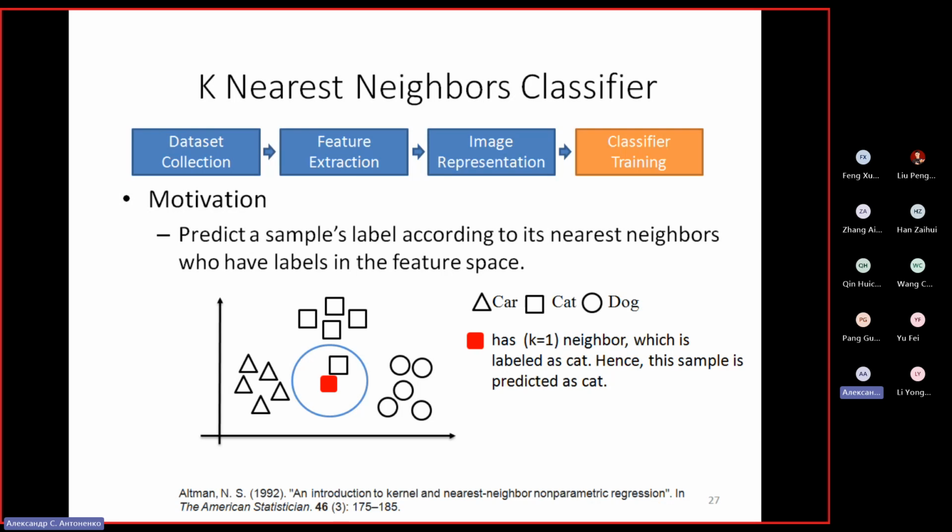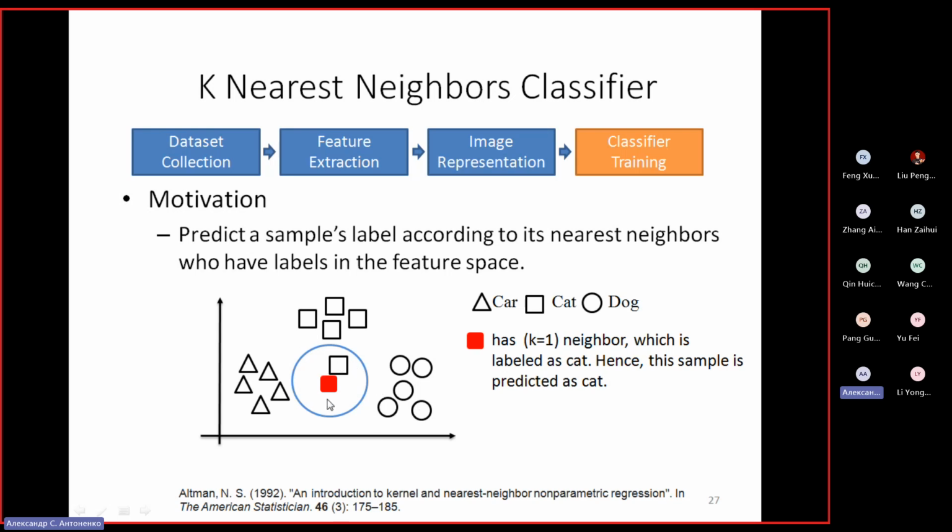And then we can train some classifiers. For example, we can train a nearest neighbors classifier for one neighbor. So, for example, these are known cars, these are known cats, and these are known dogs.